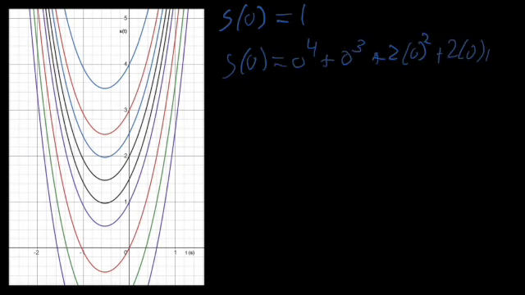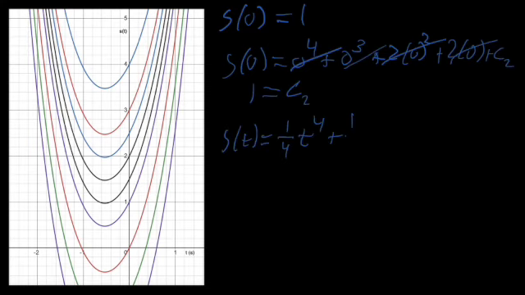If that has to equal 1, all of these terms go away, so 1 has to be c2. Our final solution is s of t equals 1/4 t to the 4th plus 1/3 t cubed plus 2t squared plus 2t plus 1. And this is our final solution.